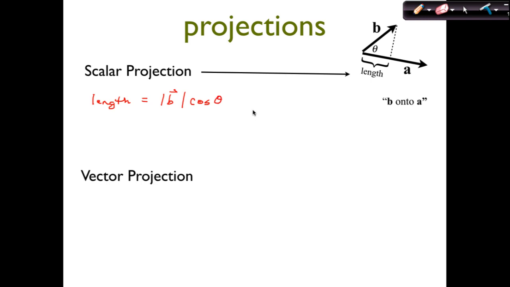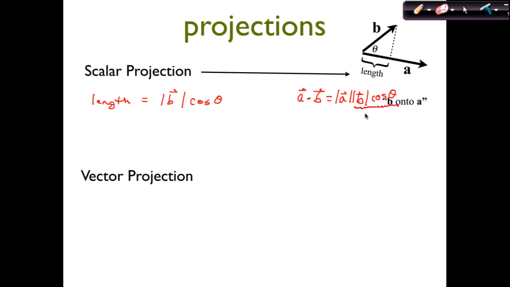The scalar projection is magnitude of B cosine theta. But that looks a lot like what? The dot product is what? What's the dot product of A and B? Magnitude of A, magnitude of B, cos theta, right? So this right here is the scalar projection of B onto A. So we can rewrite that.